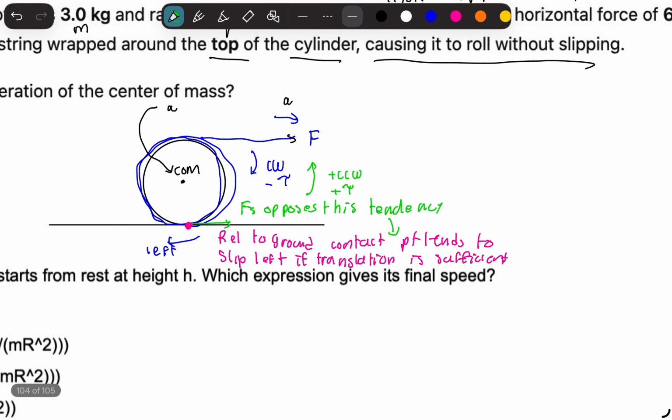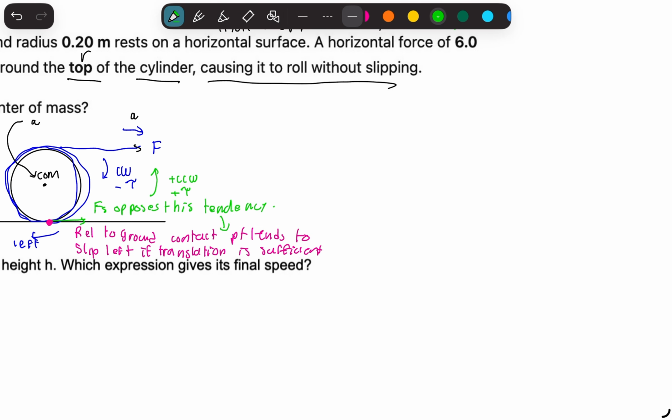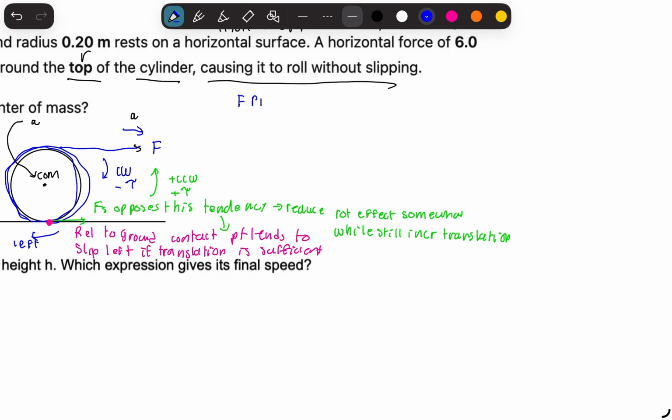This makes sense because our friction is going to reduce the rotational effect somewhat while still increasing our translation, which is usual. So that's why our F is going to be to the right, and our Fs is also going to be to the right.